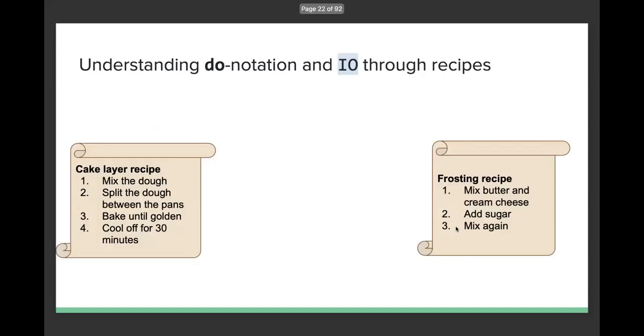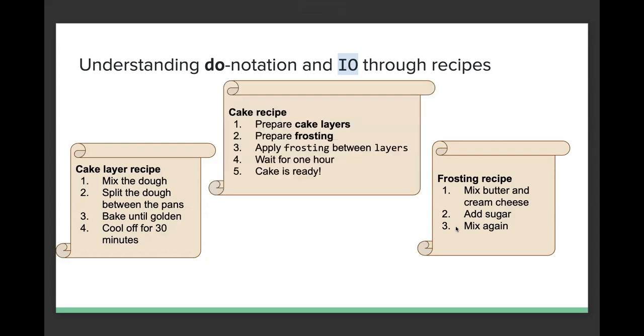Okay, very good. So one way to understand do notation and this IO type constructor is via recipes. So imagine that you have sort of a recipe that tells you how to make a cake layer, right? In a multi-layered cake. And then you have a separate recipe for the frosting for that cake. Now, to make an actual cake, you need to prepare cake layers and you need to prepare frosting, right?